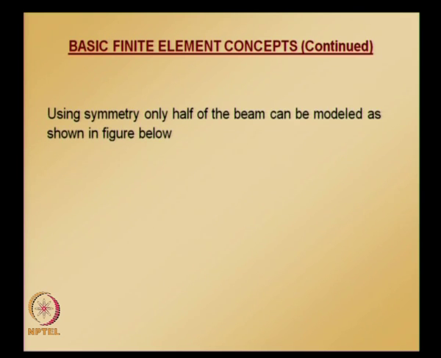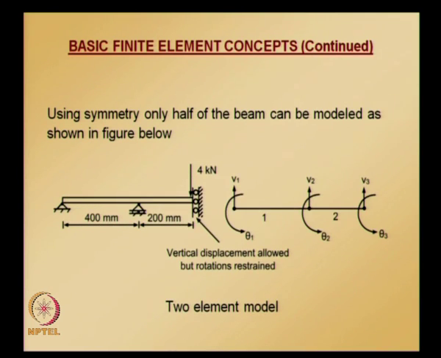Taking symmetry into account, the given problem can be solved using a half model like this, and here the half model is discretized using 2 elements, element 1 having degrees of freedom V1, theta 1, V2, theta 2, and element 2 having degrees of freedom V2, theta 2, V3 and theta 3. The load is 8 kilonewton for the full model.